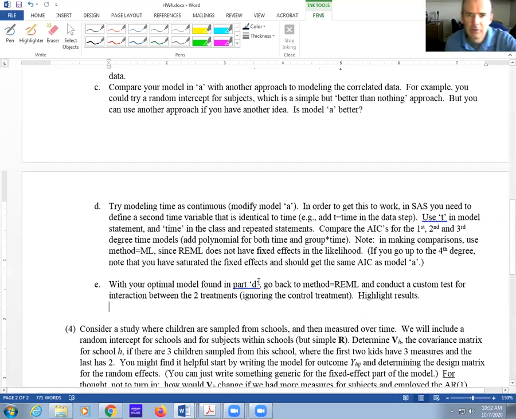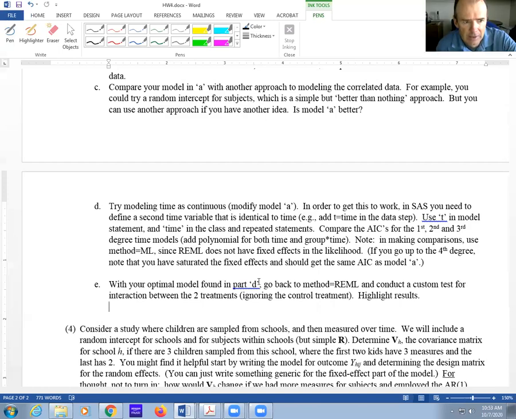Given that there's some ambiguity to it, you do it either way. You can pick the best model up through the third degree model, or you could use the class variable. So we'll make sure to allow you full credit for either one. One of the points is that if you go up to the fourth degree, you actually get the same underlying model because you saturated the fixed effects with the fourth degree model.